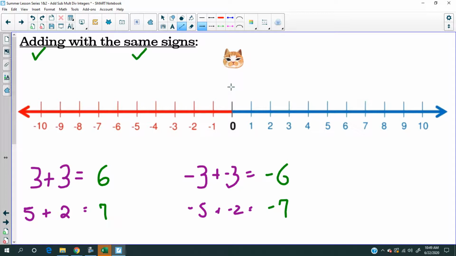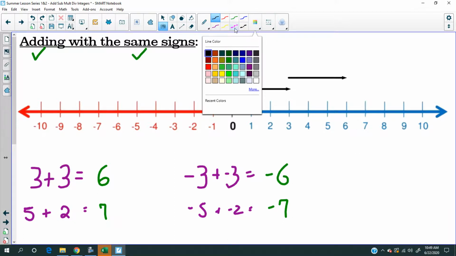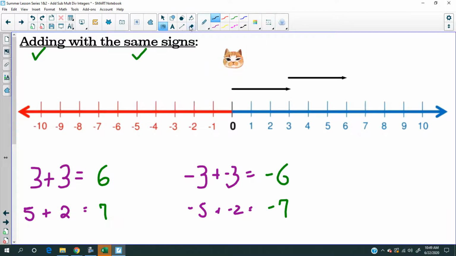If you go from 3 plus 3, we went from 0 to 3. And then we also went another 3, where the answer ended up being 6. However, let me use a different color. No, that's not it. Where was I?